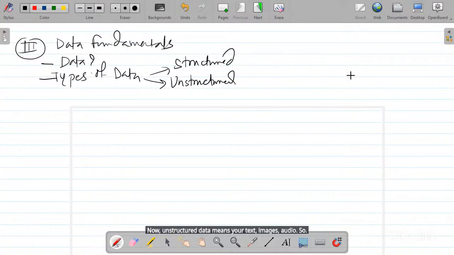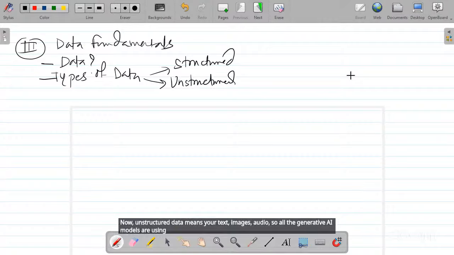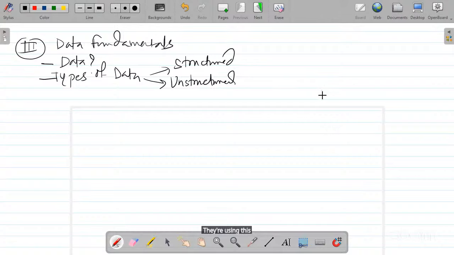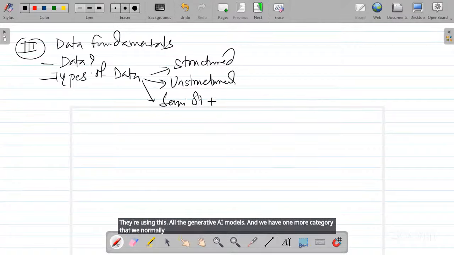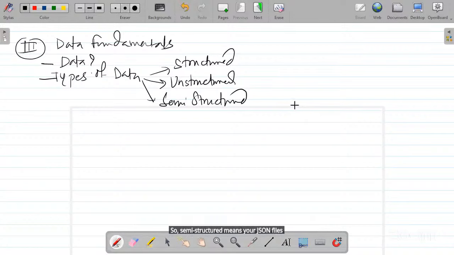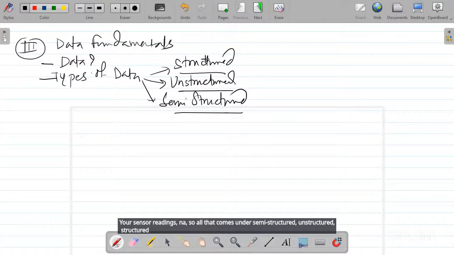All the generative AI models are using this unstructured data. And we have one more category that we normally call semi-structured, which means your JSON files, HTML structure, logs, and sensor readings. So structured, unstructured, and semi-structured are the three basic types of data.